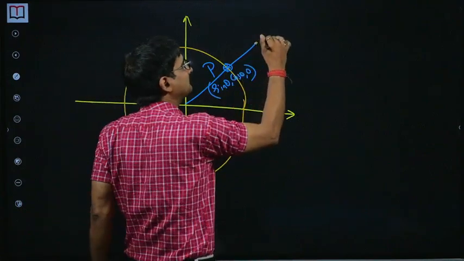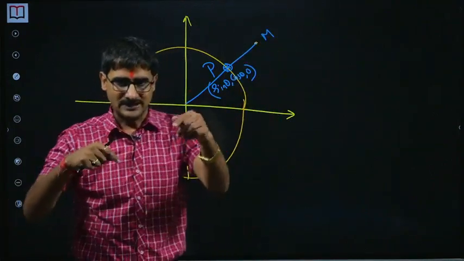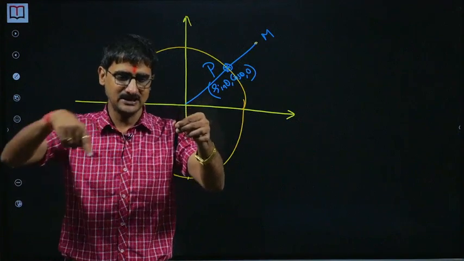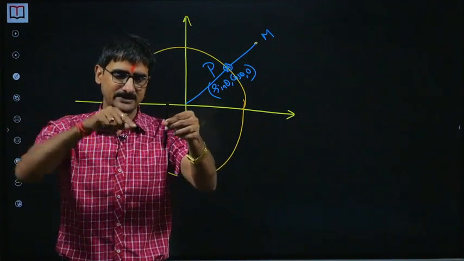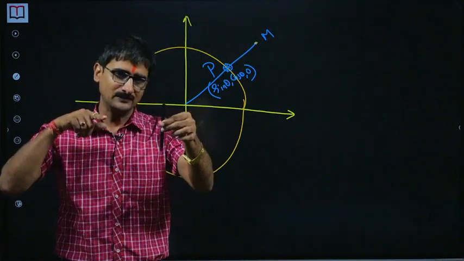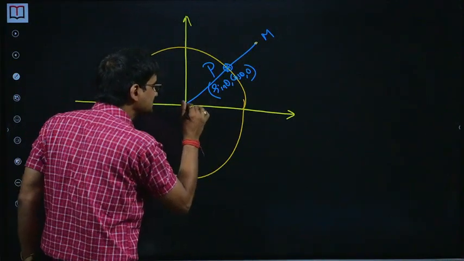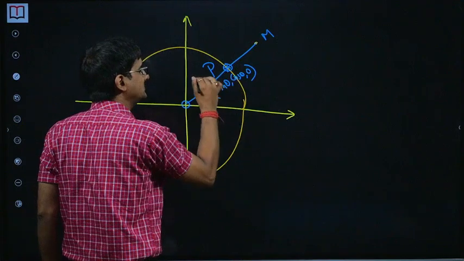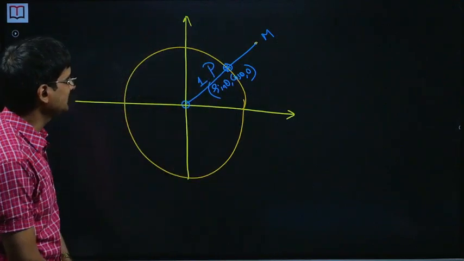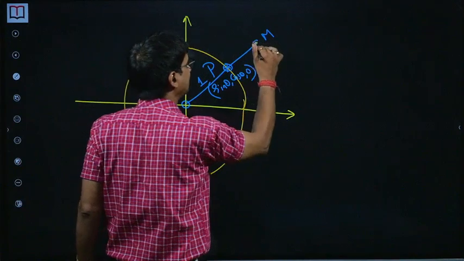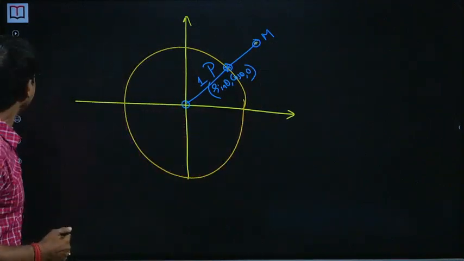Now PM. Again, this is the line, this is the circle on the xy plane, and this is the point. Of course this distance is 1 here, and then the point here. Can we have this point?